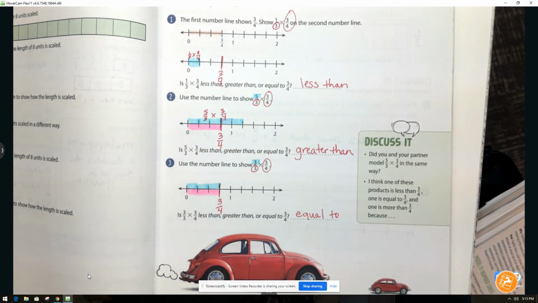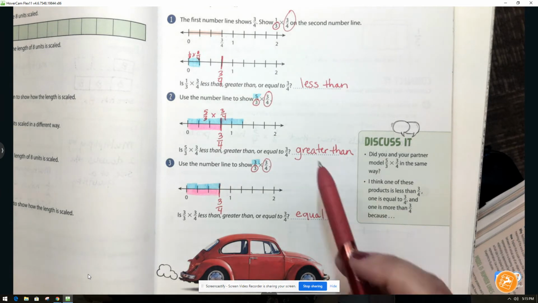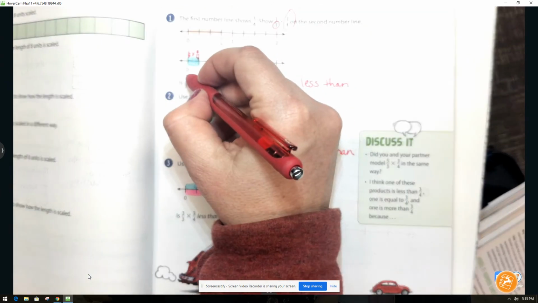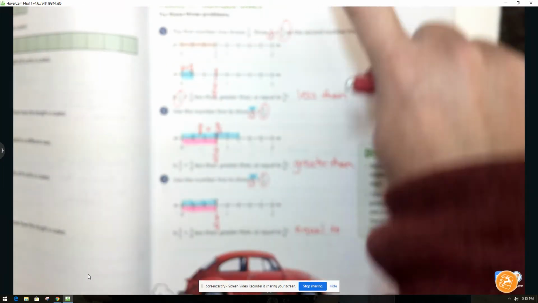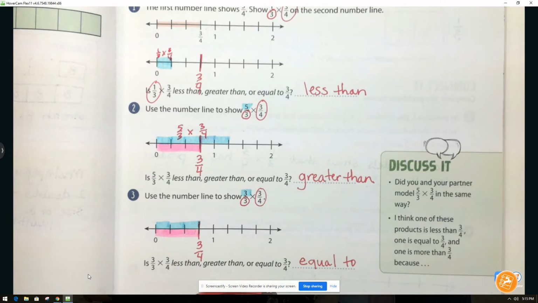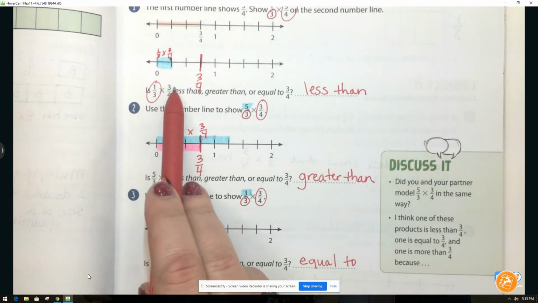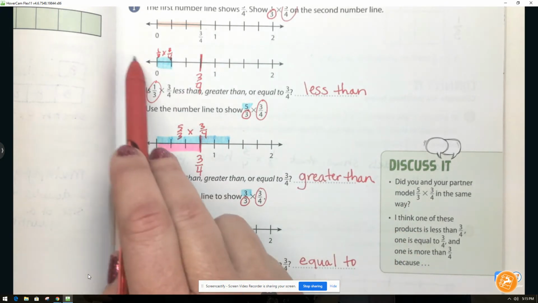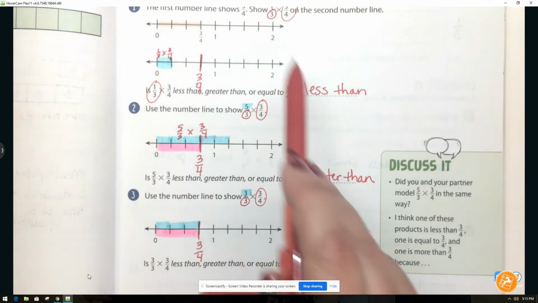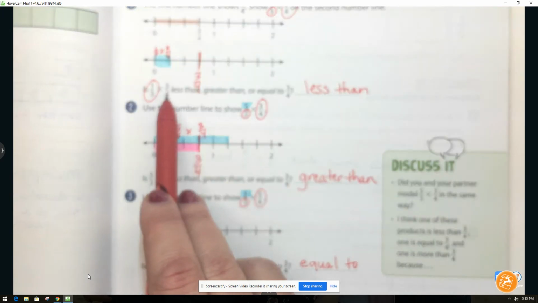So as you can see, there's kind of a pattern that's gone on. If we look at this factor here, see if that focuses. There we go. This factor here, when we multiply 3/4 times a factor less than 1, we get a resulting amount less than 3/4.